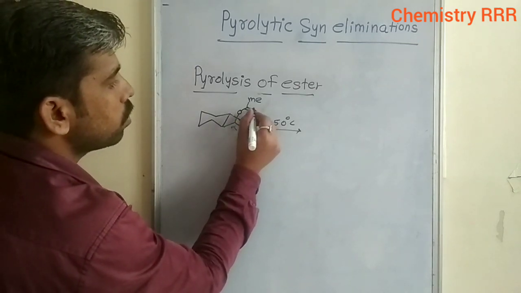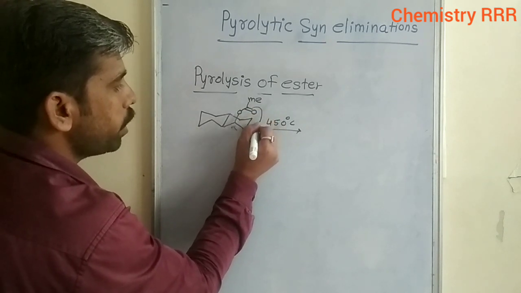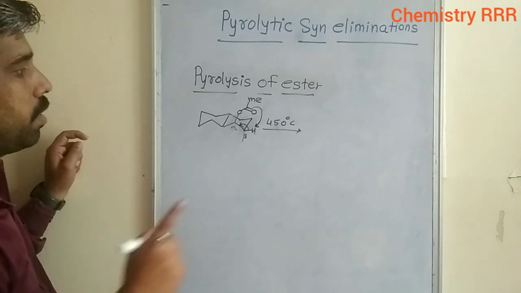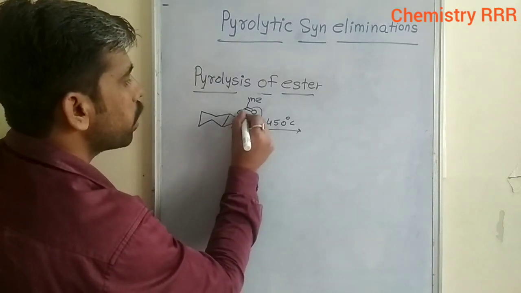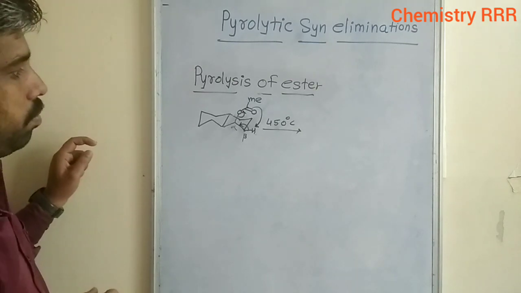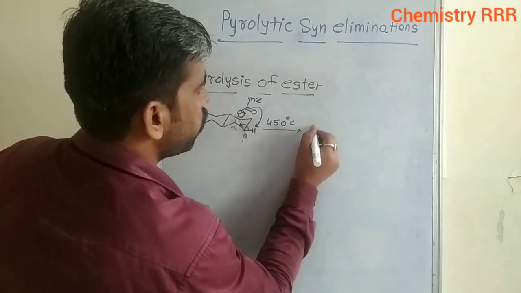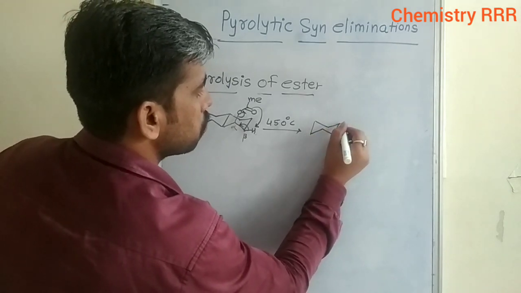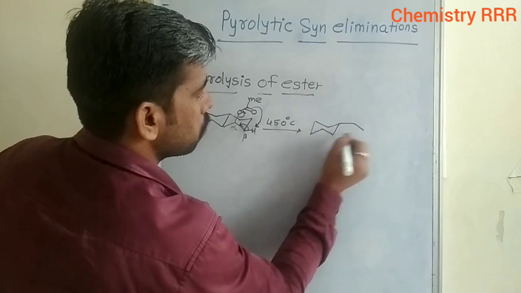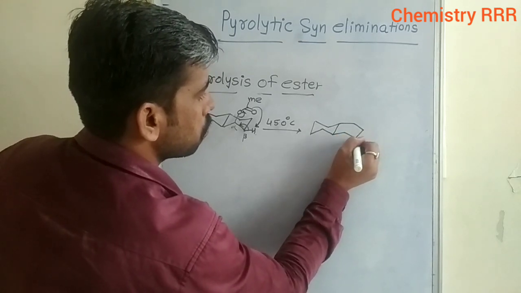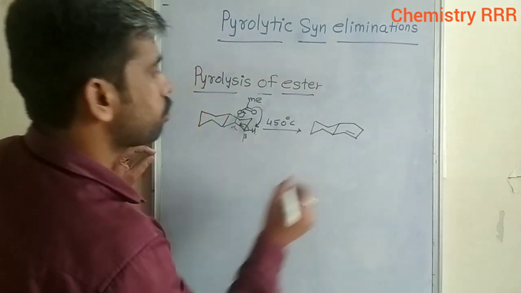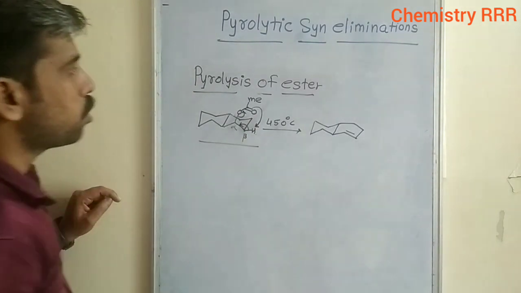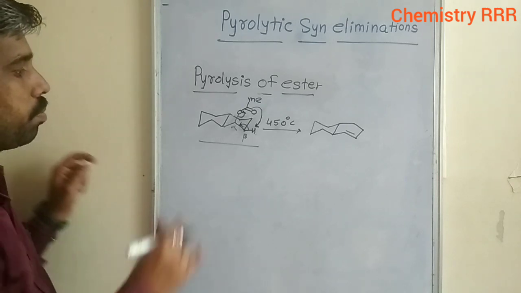So because of the heating, there is an involvement of the 6-member transition state, and through the concerted mechanism this group is eliminated, and we get the product. This reaction is called the pyrolysis of ester.